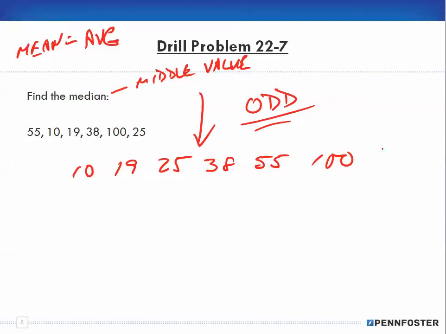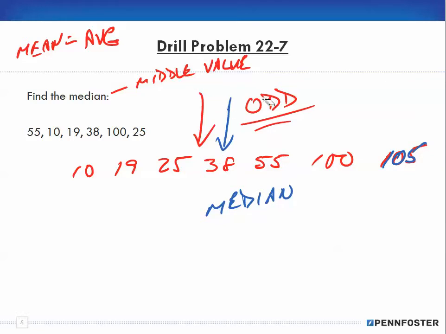Let's say, for example, I had one more number here, 105. Well, the middle value would be here at 38. So 38 would become my median. Whenever you have an odd number, you're just looking for the exact middle value.